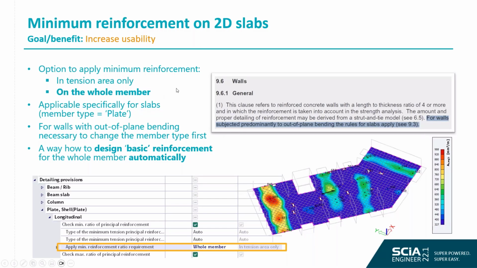This option is specifically for slabs, so the member type must be plate. But if, for instance, you have walls with out-of-plane bending, it's possible to use this functionality, but unfortunately, you first have to change the member type to plate, and then all the detailing rules, including the minimum reinforcement, are applied based on rules.